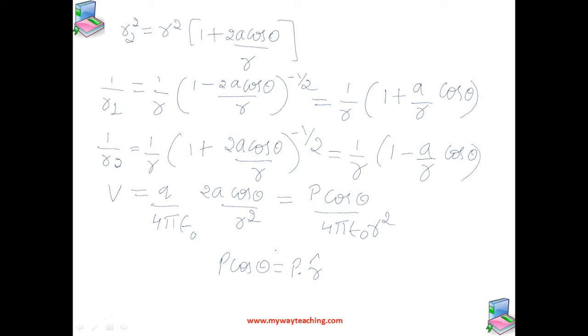along the position vector OP, and the electric potential of a dipole is then given by V is equal to 1 by 4 pi epsilon naught p dot r cap by r square, where r is very much greater than a.